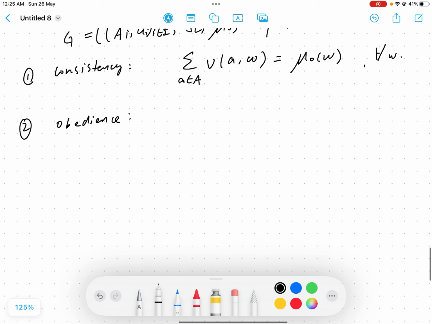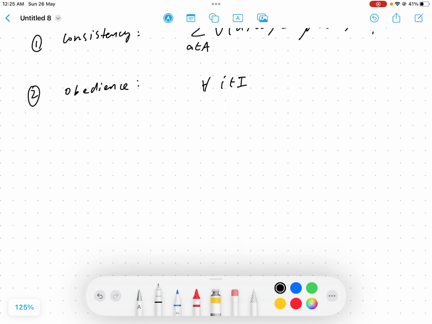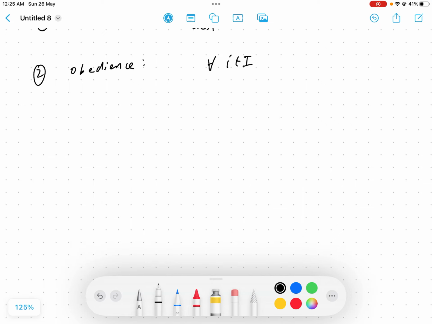But here, more rigorously, mathematically, for all the i's, all the players. But here in our example, we just have one player, one decision maker, right? More generally, we have a lot of i's, so that doesn't matter.